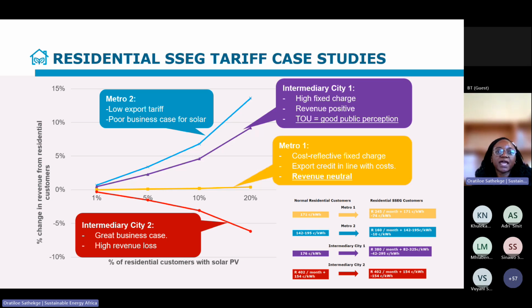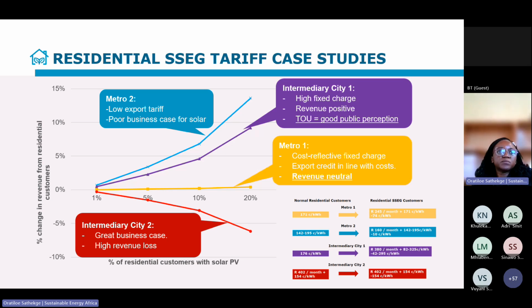So this was sitting at about 380 Rand per month, a fixed charge, which is a form of strong revenue protection to ensure that your basic municipal charge costs are actually covered. They also moved their customers onto a time of use tariff for the energy charge, as well as a time of use export charge, which we can see down here.